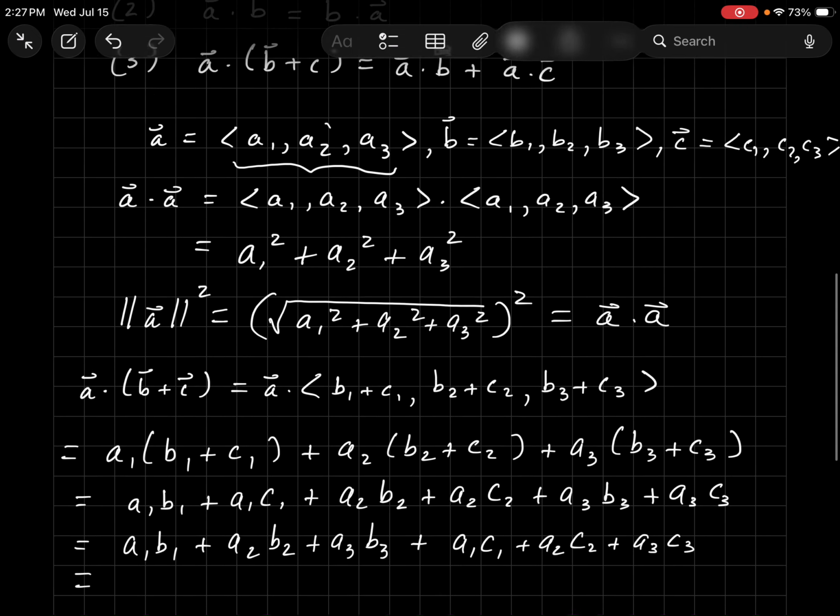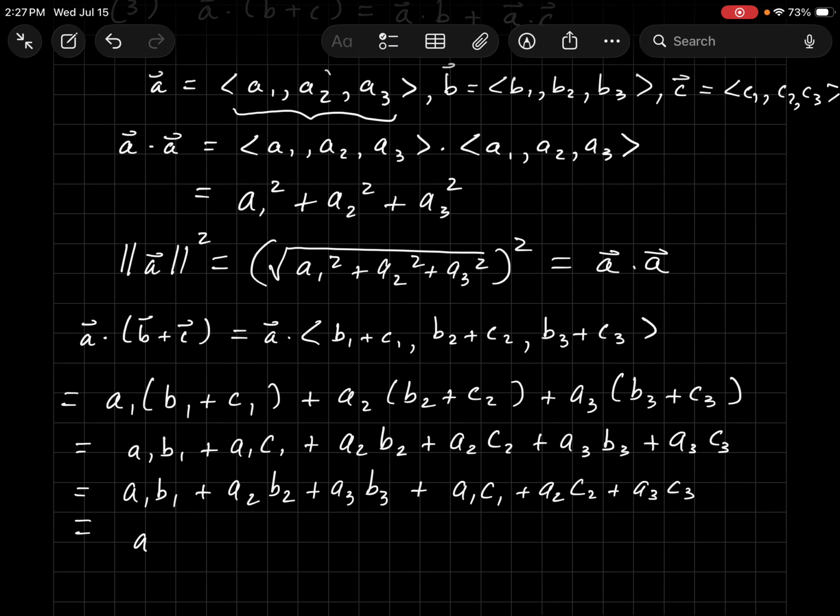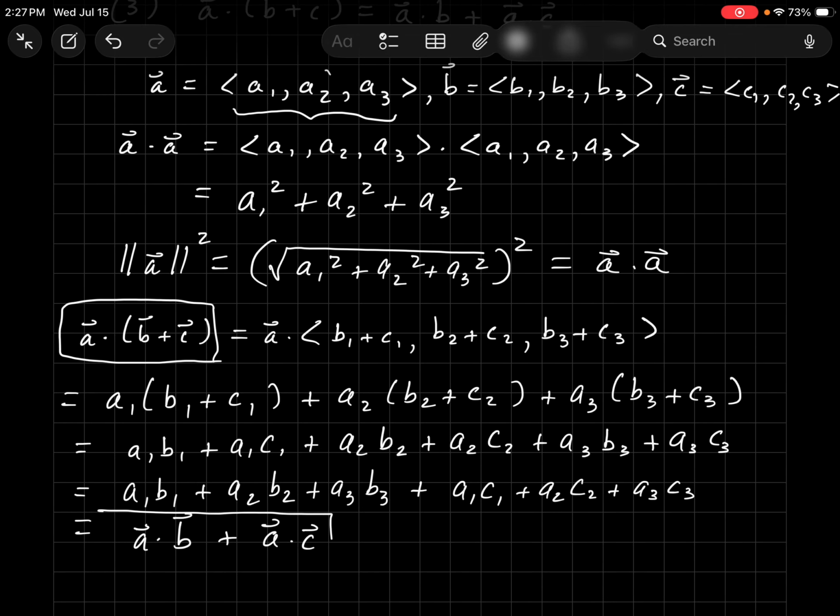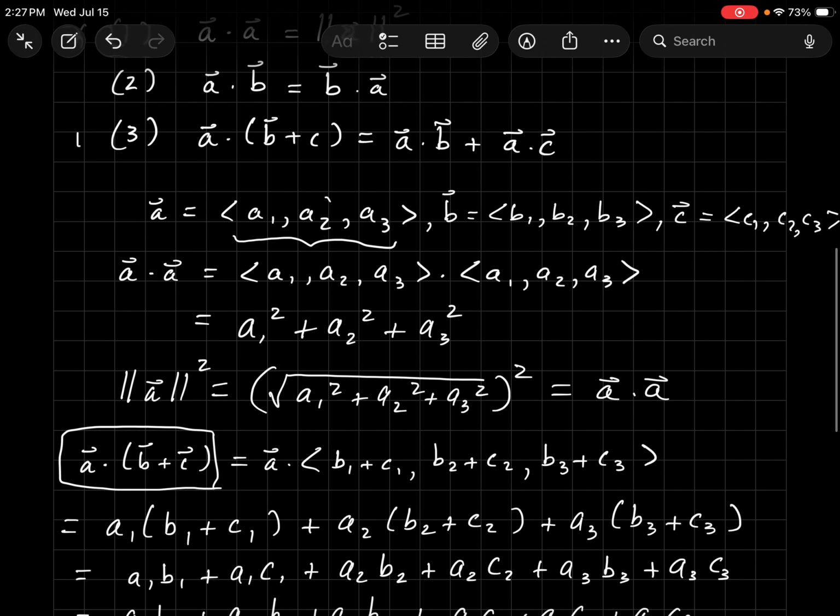We have A dot B plus A dot C. And so we've shown that the dot product is distributive. So that was the proof for number 3.